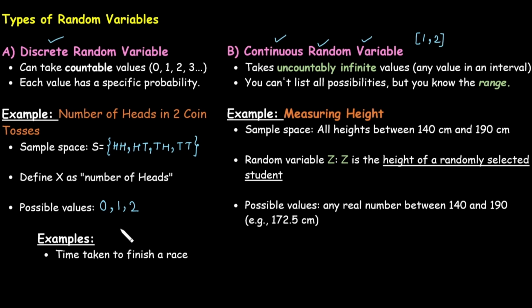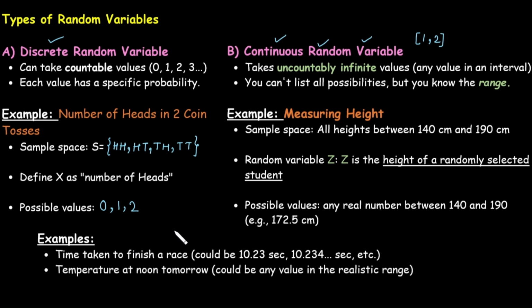Now in this case x जो आपका random variable है वो discrete है या continuous है? अगर आपको race finish करनी है, can you say that it is exactly 10 seconds, and after that it is just 11 seconds, not in between this? No, it could be 10.23 seconds, maybe 10.234 seconds, and so on. Suppose the minimum time is 10 seconds and the maximum is 30 seconds. So this is an example of a continuous random variable.